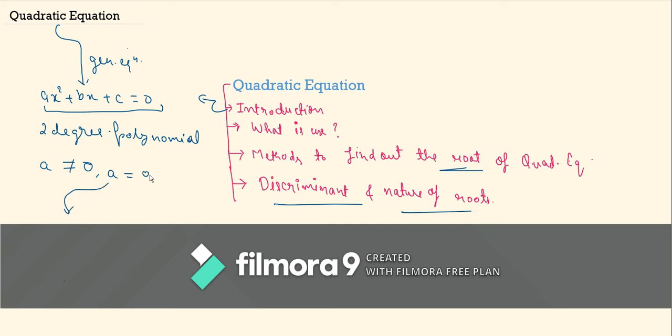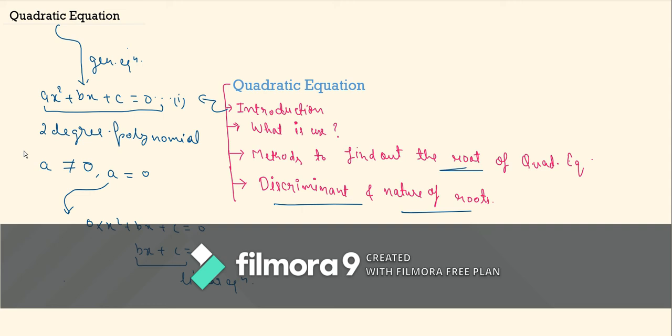Putting a equal to 0 in equation first, we get 0 into x square plus bx plus c is equal to 0. As 0 multiplied with x squared becomes 0, what is left is bx plus c is equal to 0. Now this equation has 1 degree, not 2 degree. So this is not a quadratic equation, this is a linear equation.